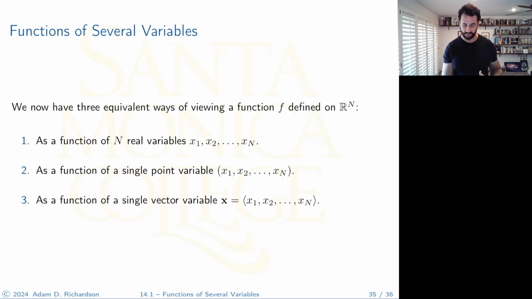You can think of it as a function of n real variables individually. You can think of it as a function of a single point: you put a single point into the function and it gives you a result. Or you can think of it as a function of a single vector variable, where this is the position vector of that n-dimensional point. And that's how we can imagine these types of things.